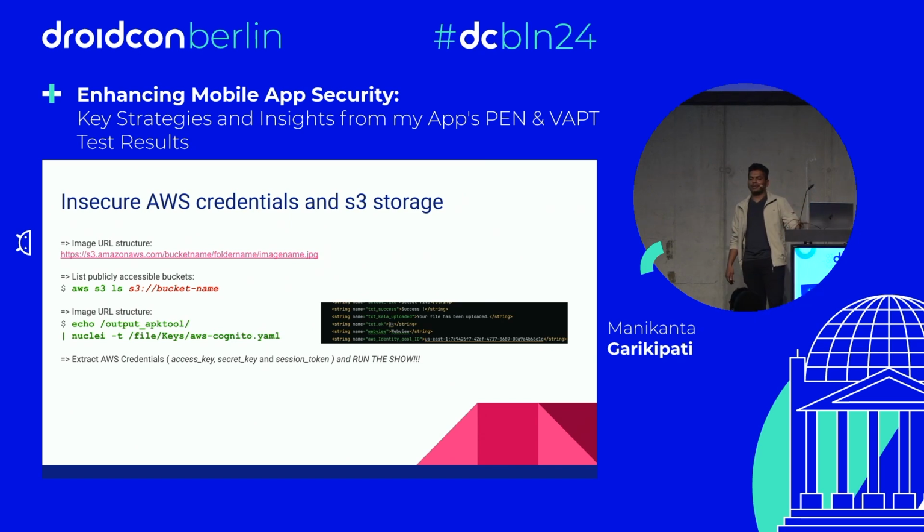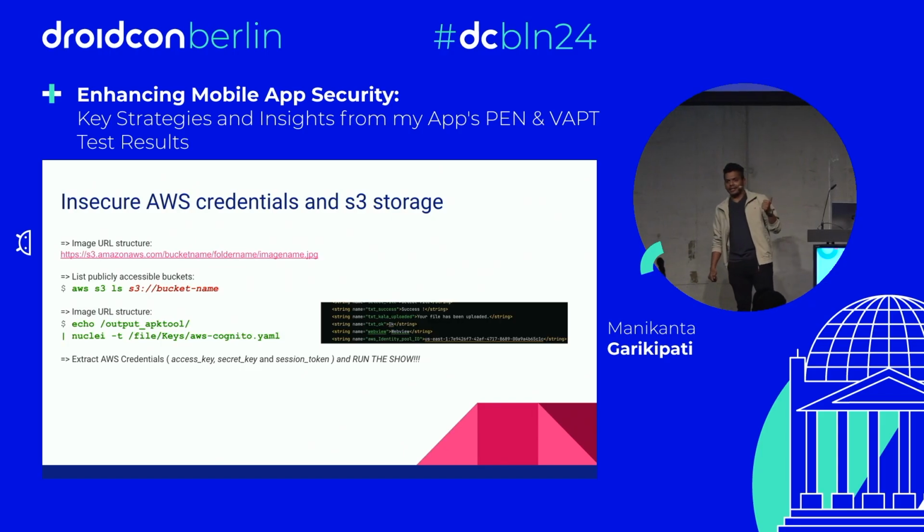Based on that, they could get the regions. Based on the regions, they can know the S3 buckets which are publicly accessible. If your buckets are not secured properly, they could download all of the bucket information, which could technically have user information, and that's how you get a data leak.